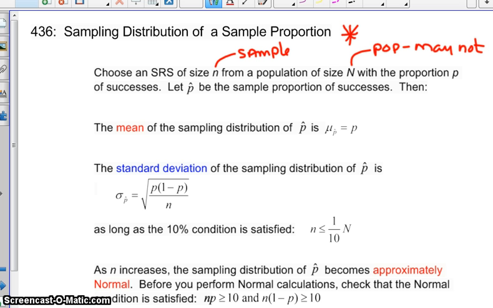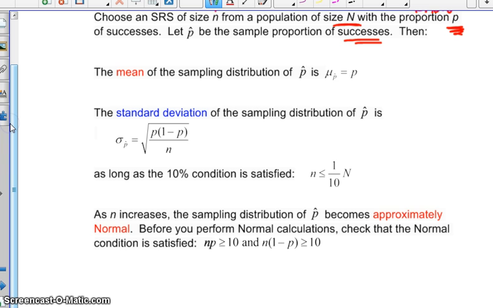With my population size, big N, I may not know it, and we'll talk about that a little bit in terms of how large it could be. Then population proportion p, normally we will not know that. For the time being, a lot of times they'll tell you what it may be, and we'll just run with that. And then p hat is going to be your sample proportion of successes. We'll talk about that in a little bit.